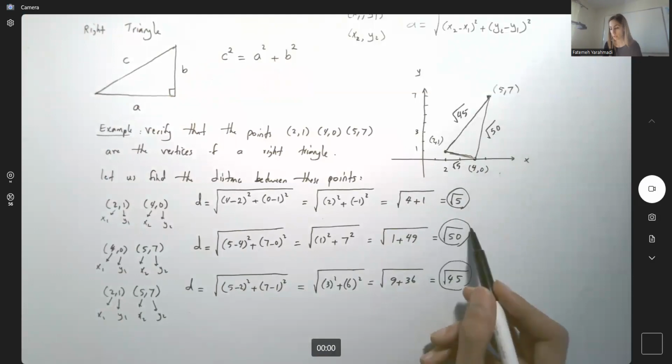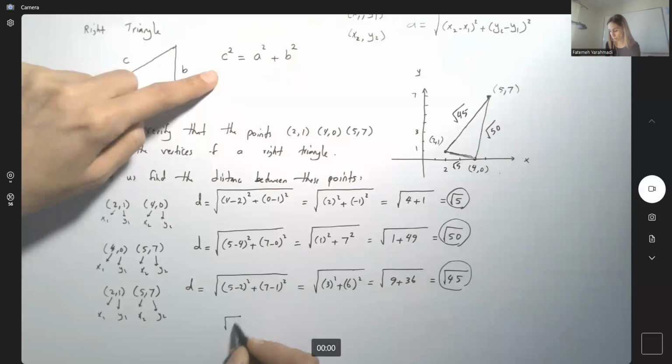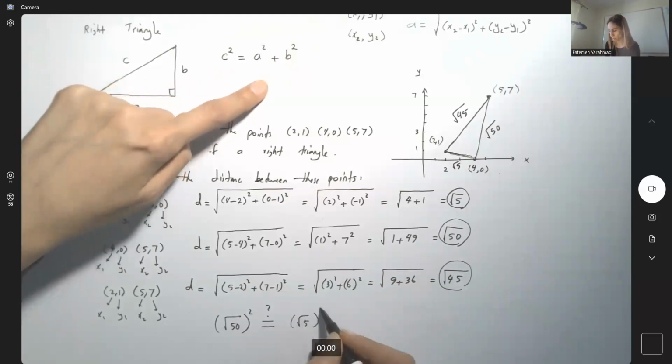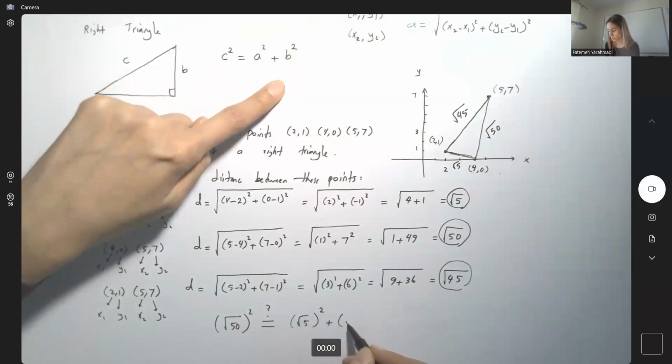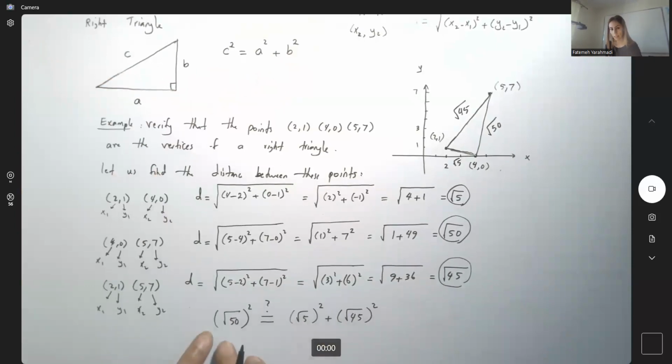Square root of 50 to the second power, is this equal to square root of 5 to the second plus square root of 45 to the second? This is the left-hand side of the equation, and this is the right-hand side. The exponent 2 and the square root get canceled out.